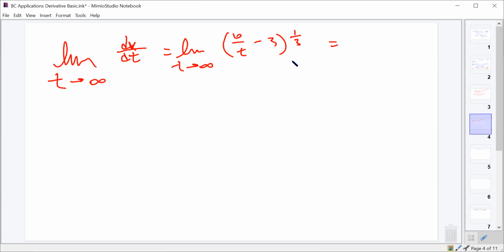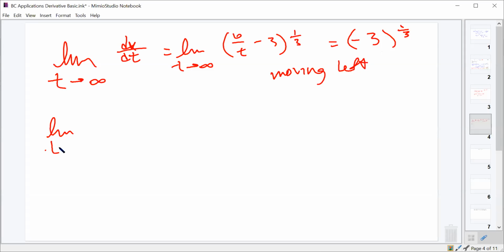It's definitely going towards a negative value, right? Because this is a -3. It's not negative infinity. It's just going towards -3 to the 1/3 power, or the cube root of -3. So it's going which direction? As t goes towards infinity, we know the particle is moving left. So that's one thing we know about it, because that's a negative value, right? Dx dt is always negative as we go towards infinity.